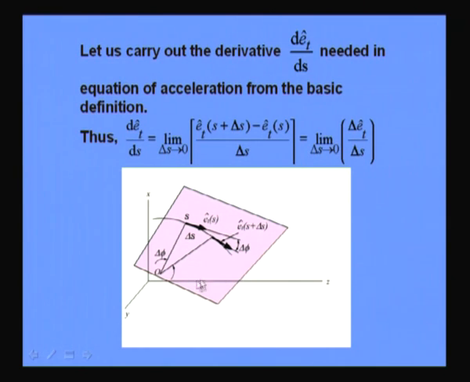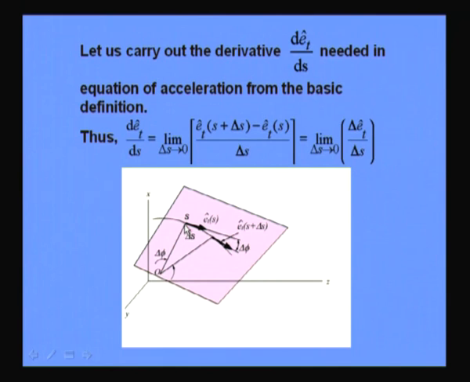Now this shows an osculating plane. We show a unit tangent vector at point s by et(s) and another after the particle has travelled a distance of s plus delta s. So this becomes et(s plus delta s). The angle between these two tangent vectors is delta phi.